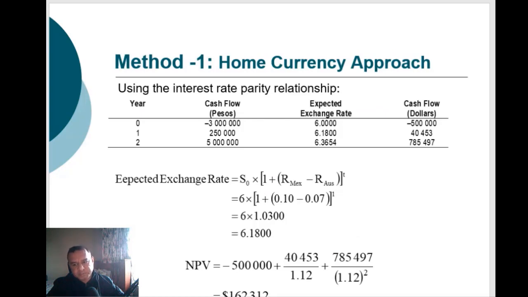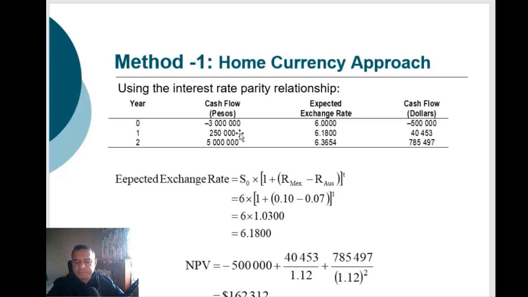Method 1 is the home currency approach. In the home currency approach, we calculate everything in the home currency, and in this case our home currency is the Australian dollar. The initial investment is 3 million pesos, which is negative, a cash outlay.